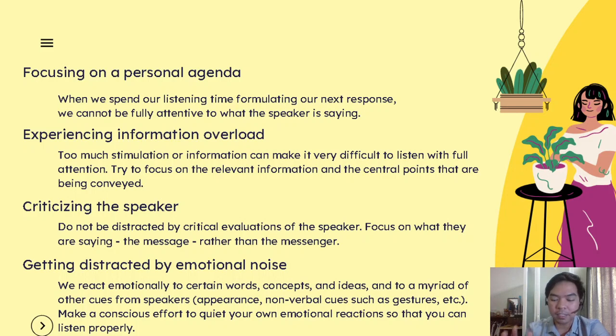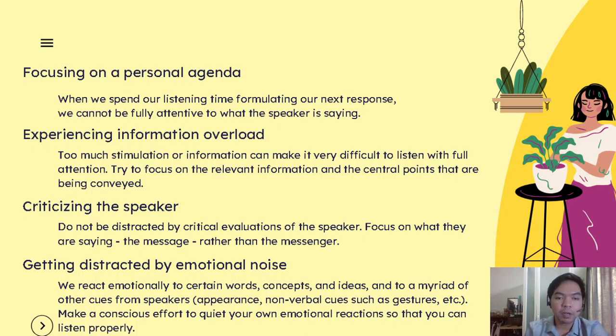And again, that's a sign of ineffective communication, because when you are interacting with someone, you need to have your full attention on that person and not formulate a response immediately. So let that person finish, and only after that should you formulate your response and answer that person if it is a question.